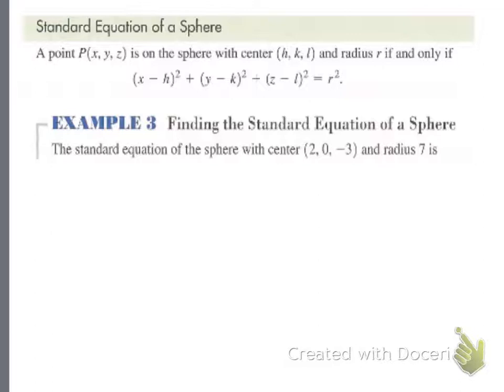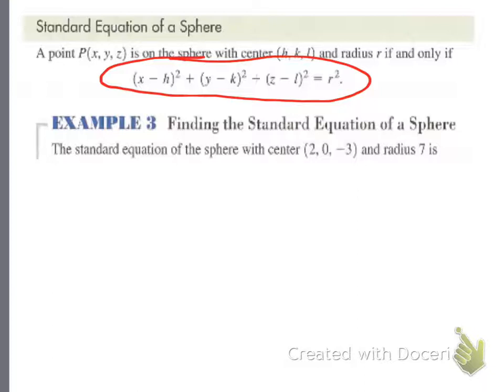If you have a point x, y, z on the sphere with center h, k, l this time, and the radius r, this is your equation for a sphere. Now remember, for a circle, you didn't have the z minus l squared. You just had x minus h squared and y minus k squared and r squared. Now you're just adding a parenthesis.